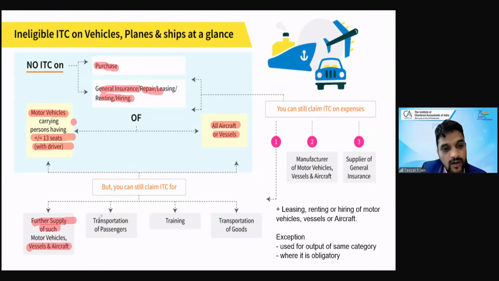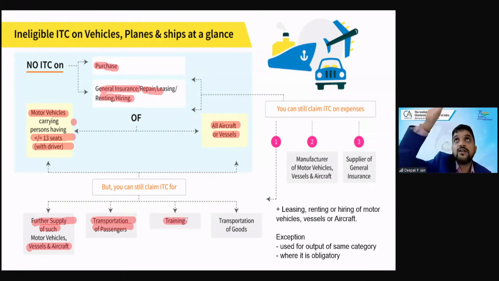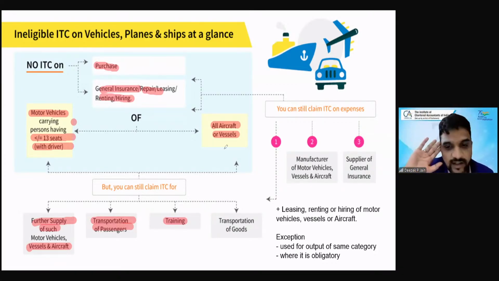Okay. Or if it is for transportation of passengers, a government or private bus dealer, what will he do with the bus? He will use it for transportation of passengers. So such credit will be available. Or if it's a driving school, they have to buy a car to put the learner's board on and give it for training. They will get the credit.